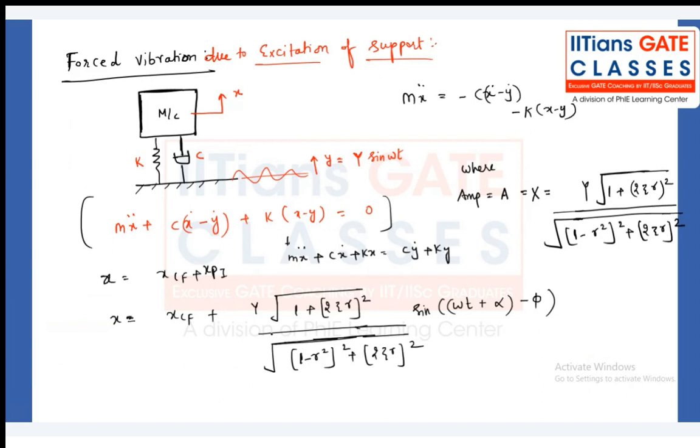There we got the amplitude F0/k by using F0/k divided by this term. But here we are going to get the amplitude as capital X = Y times the square root of 1 + (2ζr)² divided by the same value.